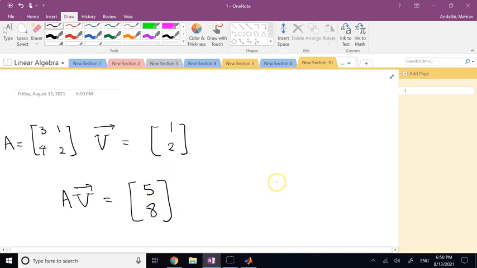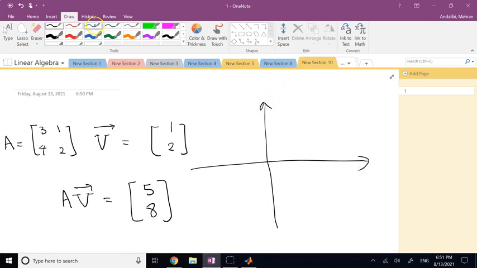So definitely, if I draw on the two-dimensional plane, if this is my vector v, 1 and 2, like this, then A times v is going to have a slope of 8 over 5, which is 1.6. So in 1 unit of x, it moves only 1.6 units of y.